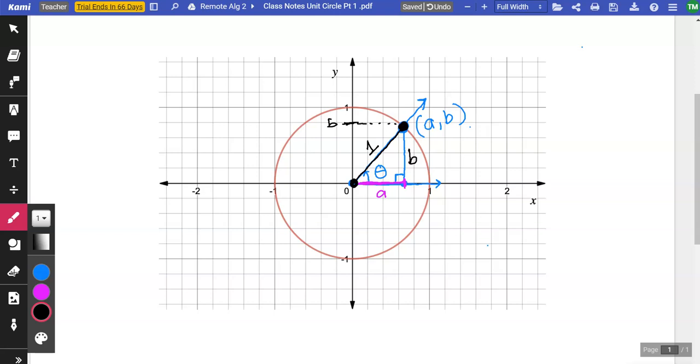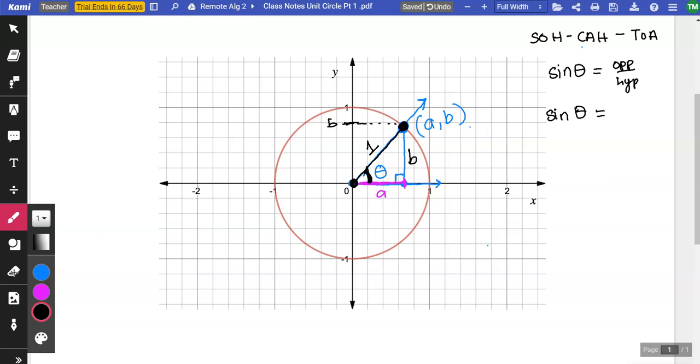So what we know about sine, cosine, and tangent, SOHCAHTOA, is that the sine of an angle is equal to the opposite over hypotenuse. So in our case, the sine of theta is going to be equal to, well, theta is this angle here.